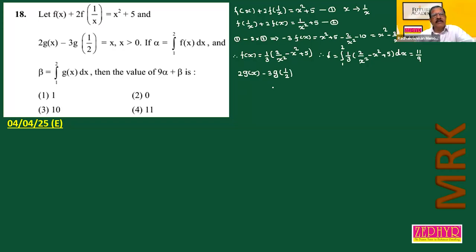Two into g of x minus 3 into g of 1 by 2 equal to x. So here we have to find out g of x. Let it be equation 3.